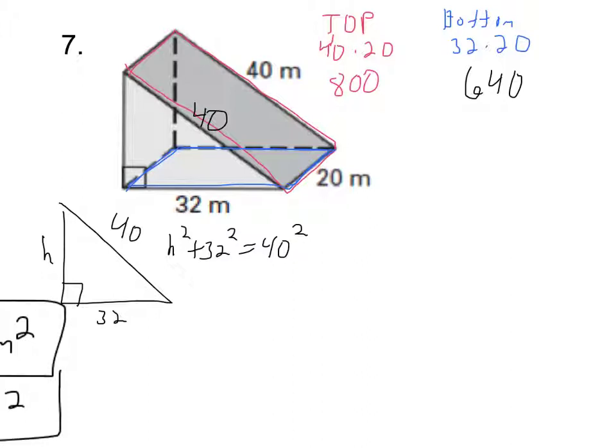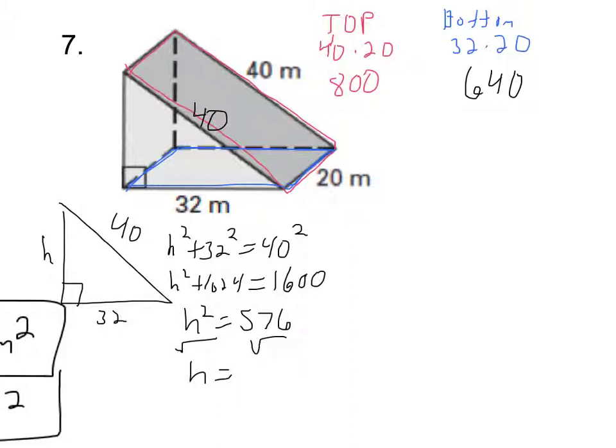And so let's see here. 32 squared is 1024. 40 squared is 1600. If you subtract those, you get 576. That's convenient because when you take the square root of both sides, that comes out evenly to 24. So that height number is 24.